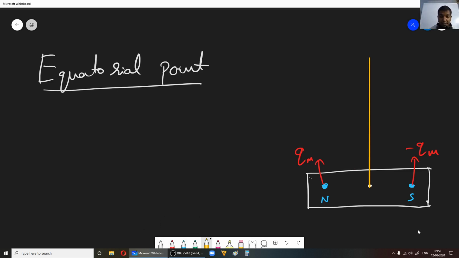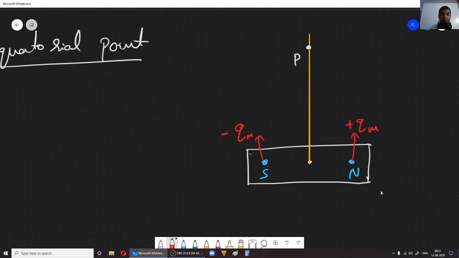Let us say this is the point P. It would be better if I take the north pole towards the right and the south pole towards the left. So this is minus qm, this is plus qm, because earlier we had taken the magnetic moment towards the right.